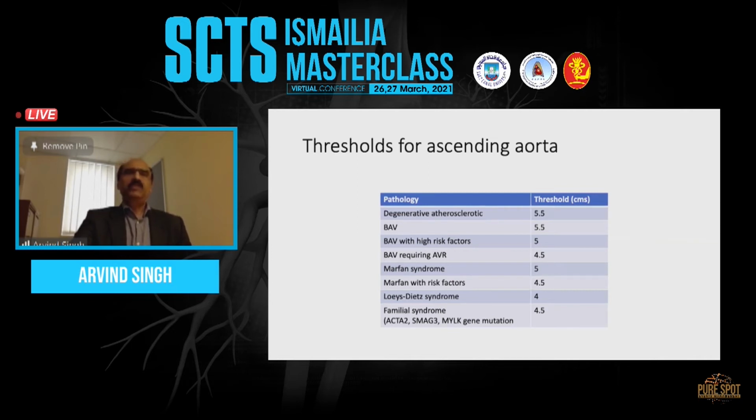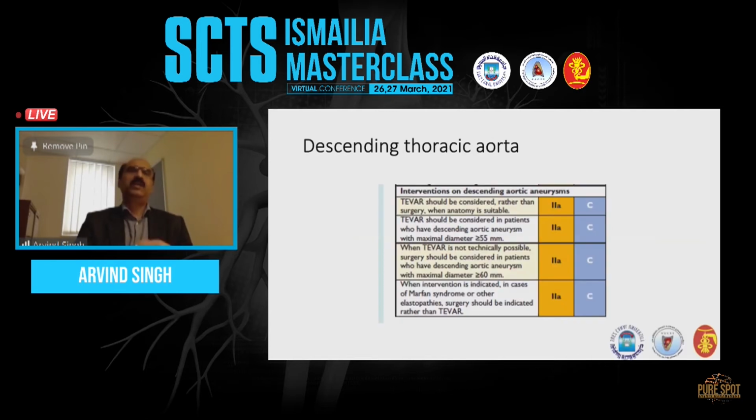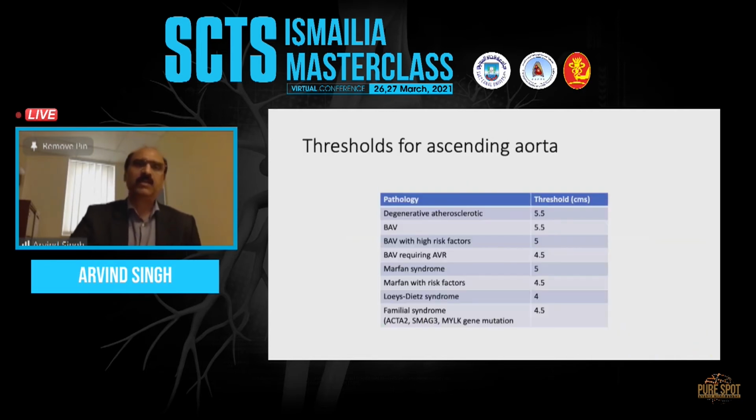Every guideline also mentions that one can have a look at the patient size and thereafter alter the threshold if you're looking at a small patient.